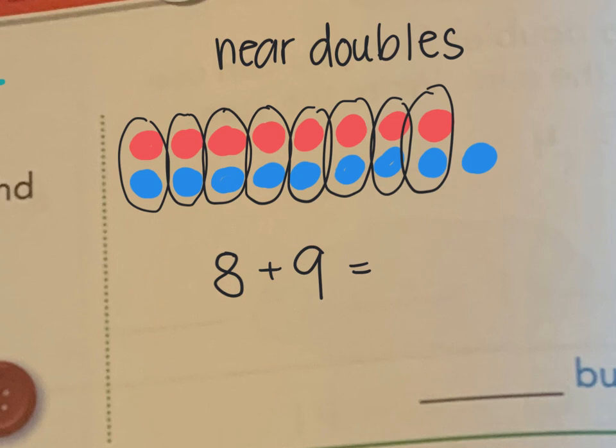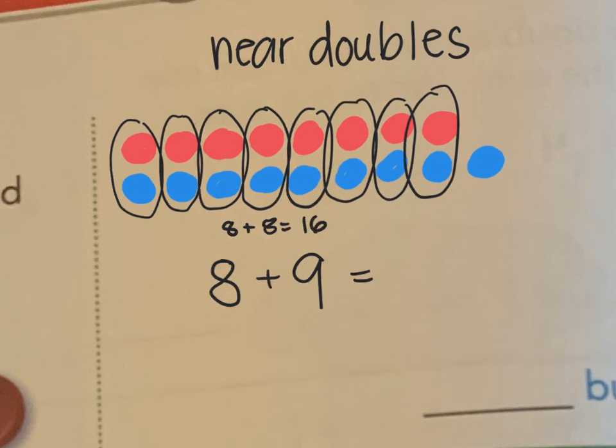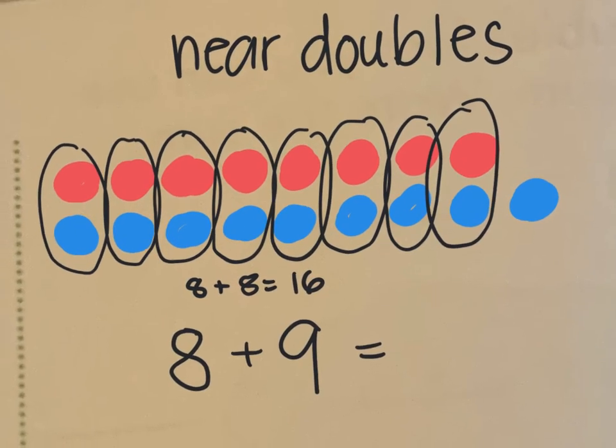We could see that 8 plus 8 equals 16. But then we have 1 extra. 16 plus 1 equals 17.